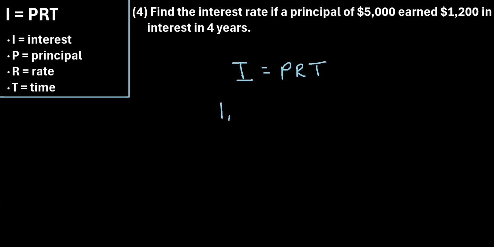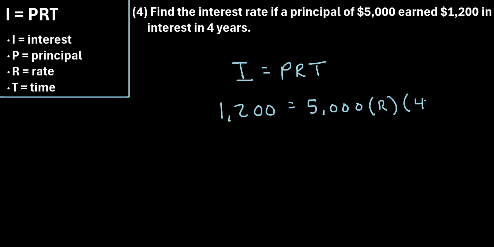So let's fill that in for I, 1,200, is equal to P, the principal, the starting amount. We're told that's 5,000, so let's write that, times R, the interest rate. We don't know R, we're trying to figure that out. So let's say times R, and then times T, the total time, which we're told is 4 years.